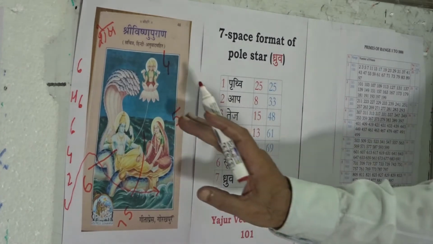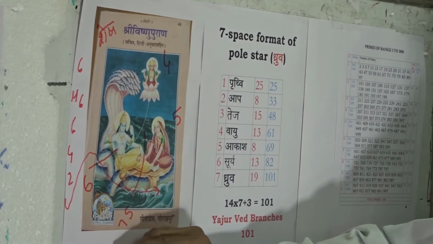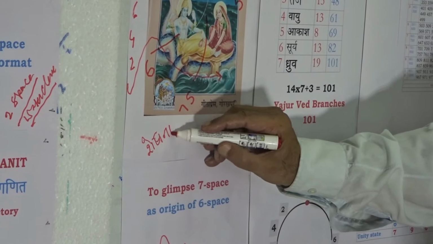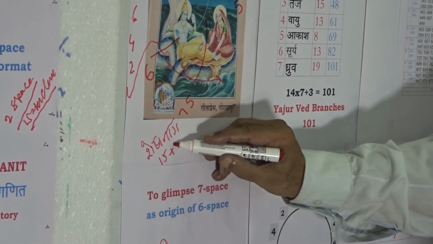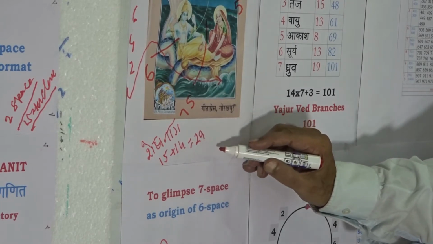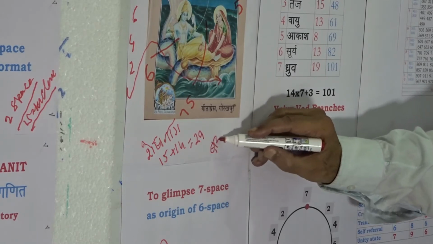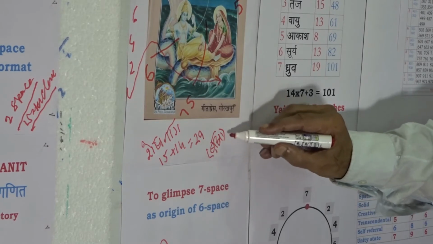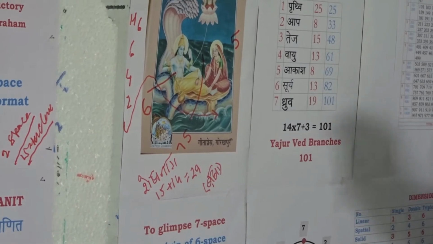Now the Shesh Nag is the formulation which gives us TC value 15 plus 14 is equal to 29, and we know 29 is the TC value of formulation Brahma, the overlord of 4 space in the role of dimension of a 6 space.